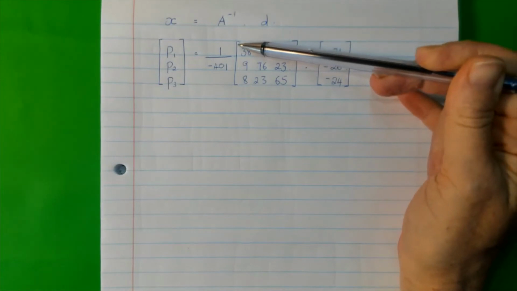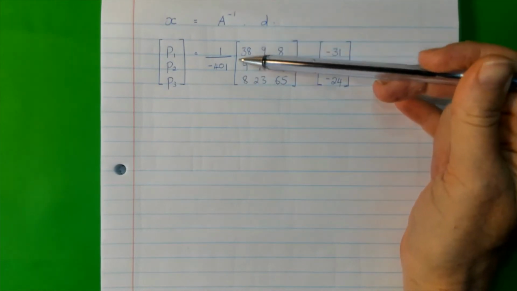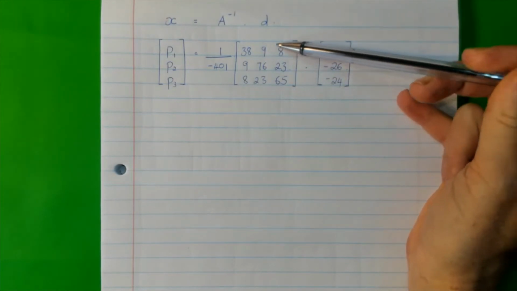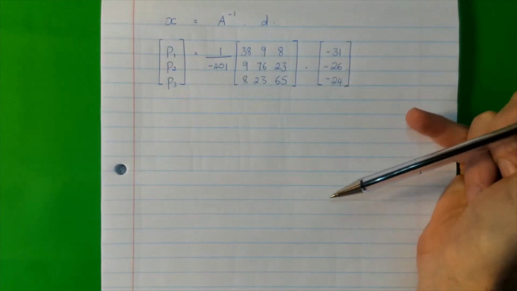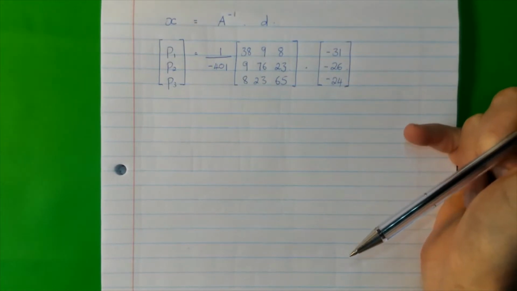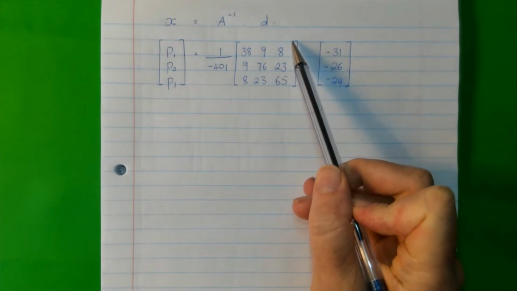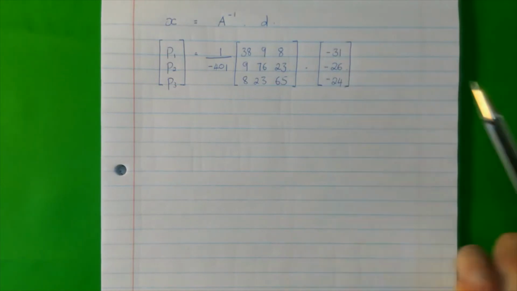This matrix here, which is the transpose of the matrix of cofactors, is also known as the adjoint of matrix A. Alright, so we now need to work through this calculation, and a good starting point is to multiply this matrix by this matrix here.